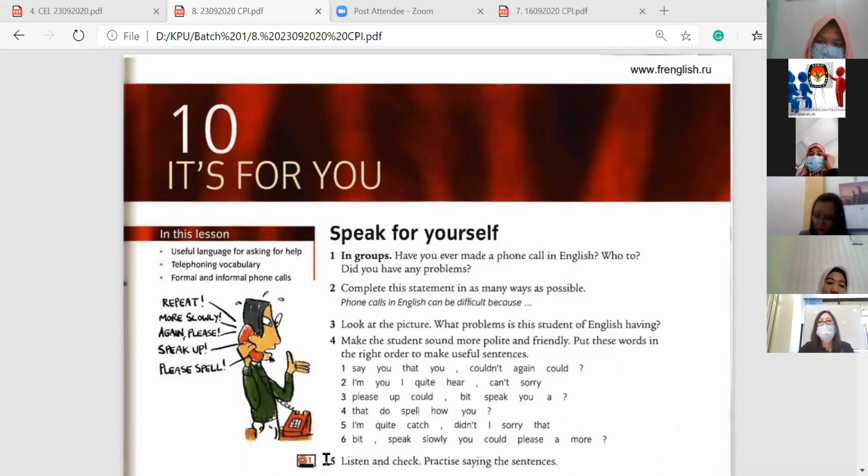The three are the same. We put "a bit more" or "a little" before the adverb, like in this exercise, "a bit more slowly."